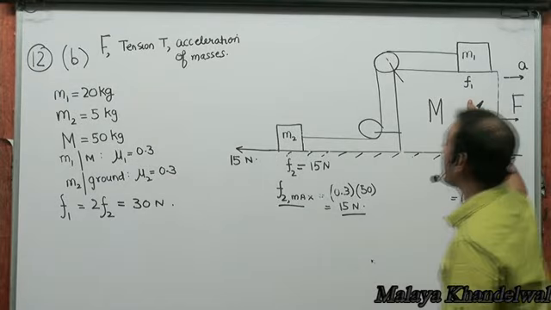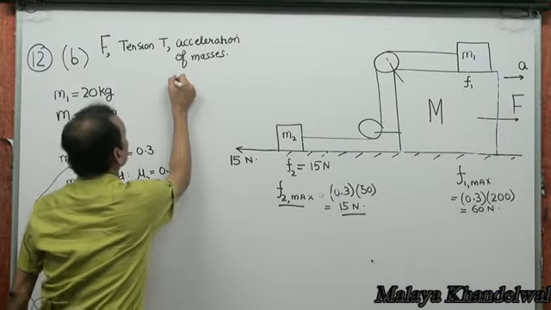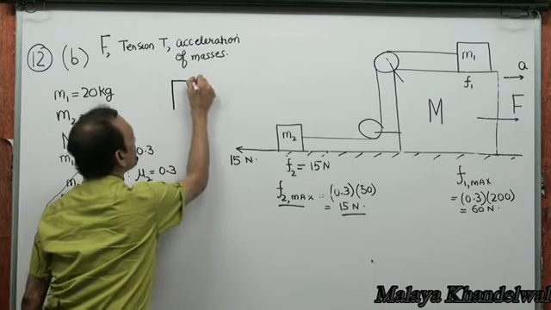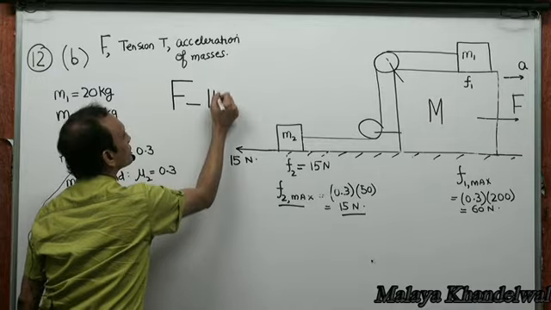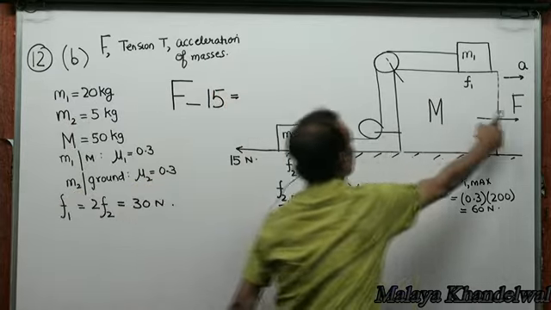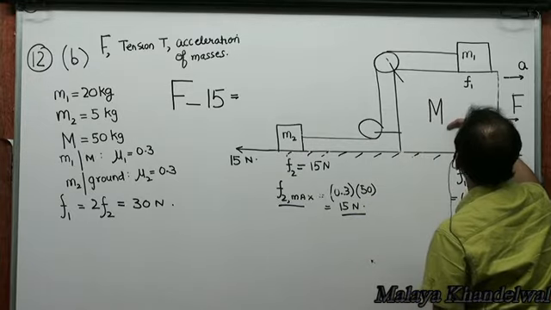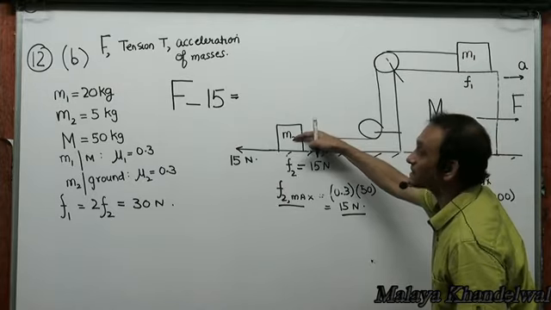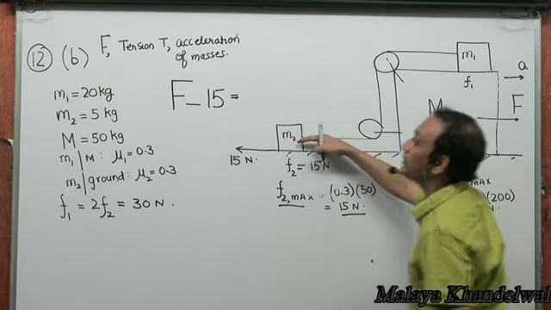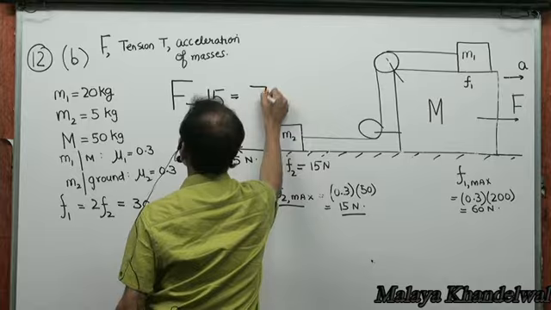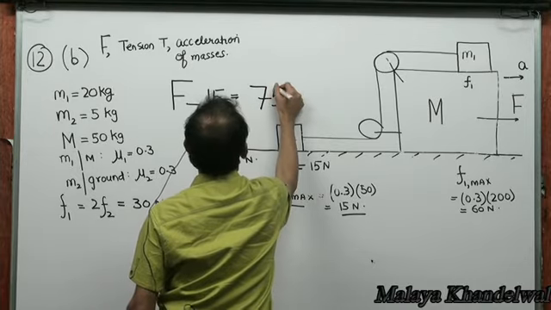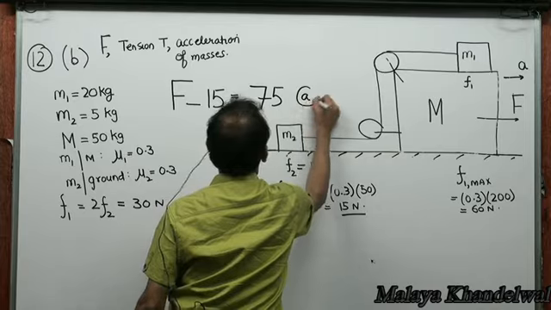We will not bother about that. So F minus 15 must be capital M plus M1 plus M2 times A, and that total is 75 kgs. So F minus 15 equals 75A. That's one equation.